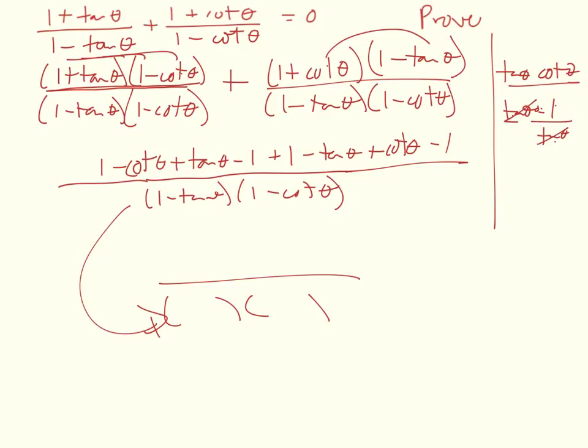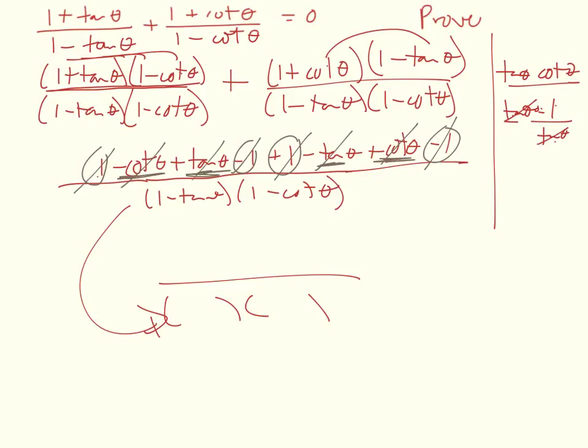And then on the top, let's see what happens here. I've got a 1 here and a minus 1. Those cancel out. I have a minus cotan theta and a positive cotan theta. They cancel out. And then I have a positive tan and a minus tan.